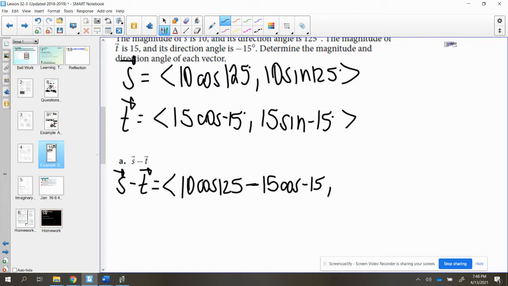And then for component B, we take the two B components of S and T, 10 sine of 125, and subtract away from that 15 sine of negative 15 degrees.